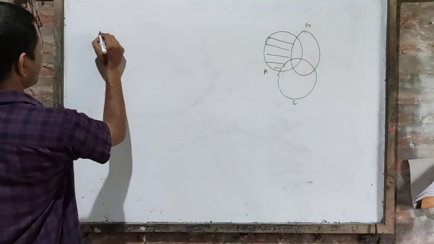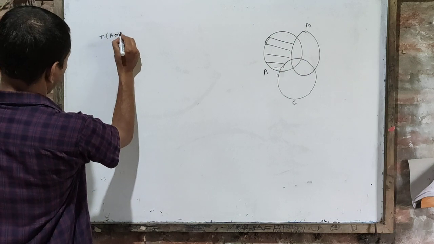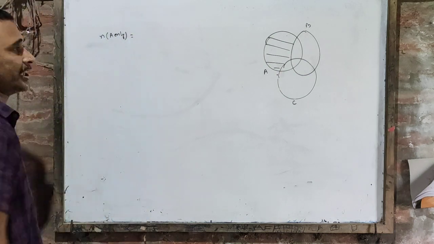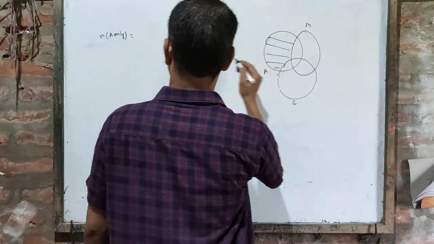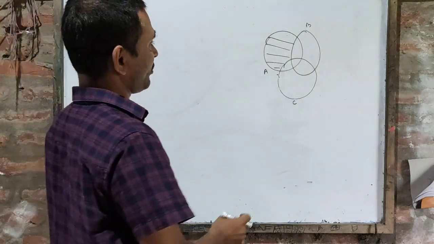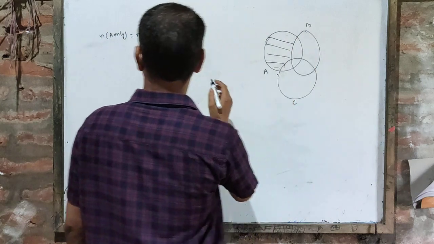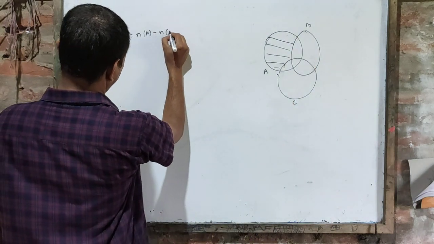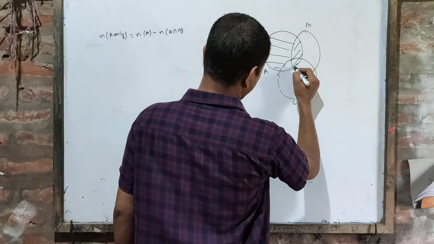So let us start with n of A only. A only is equal to, let us take the whole set A. This is n of A. Which area have we taken in extra? This area. From this we subtract n of A intersection B. That means we have subtracted this area.